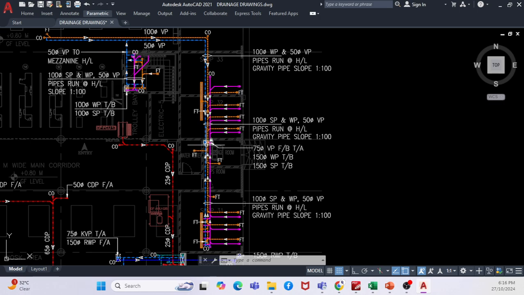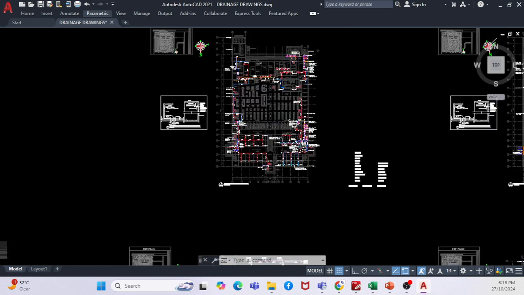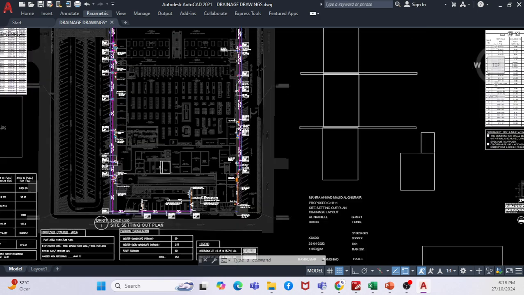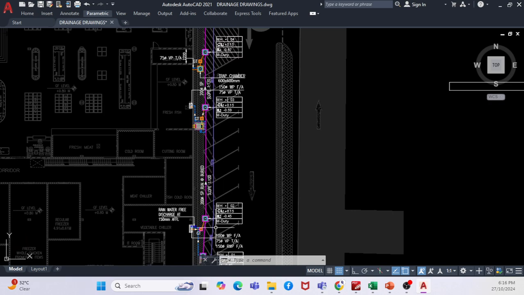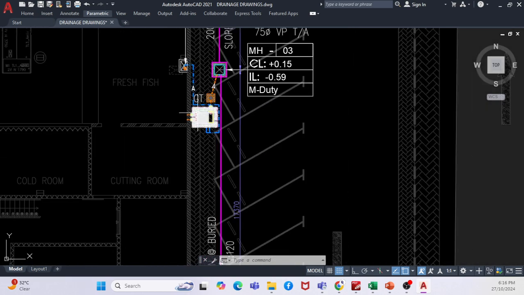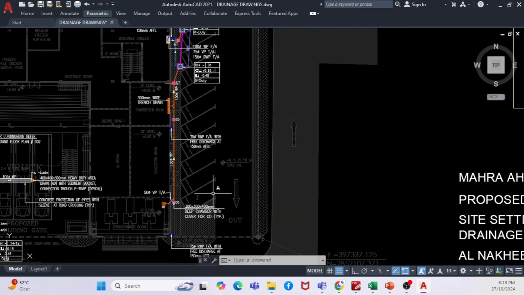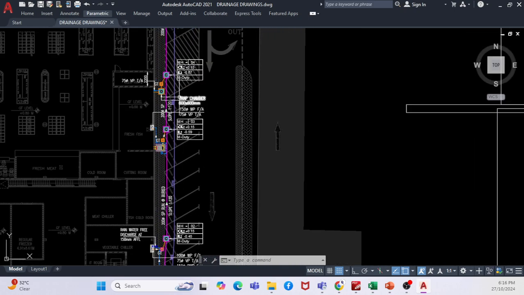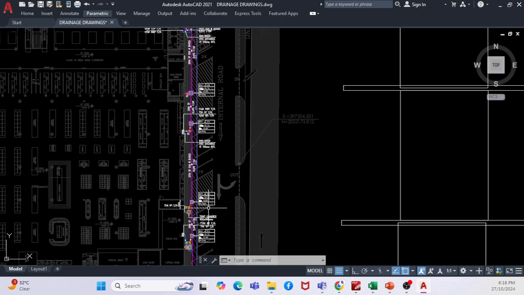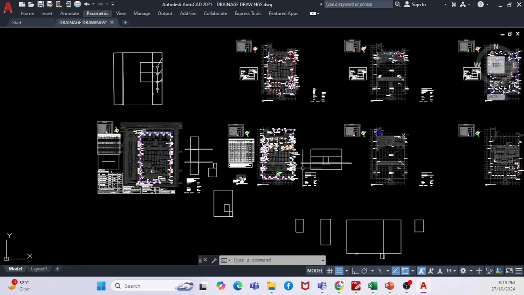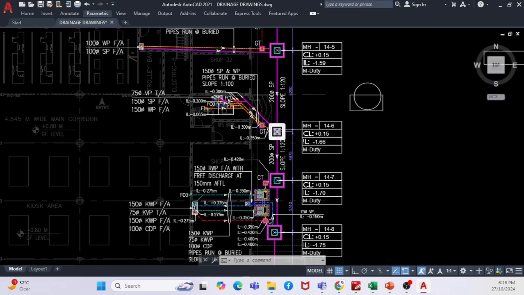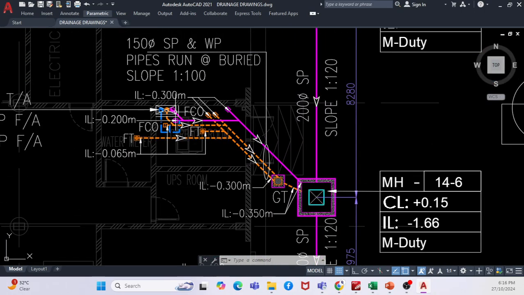Okay, so similarly, your riser pipe will go further down. Say, for example, if you go to another layout, here it is going further down. Assume that this is my riser, right? So this riser, what I will do, I will go directly to the nearest manhole on the ground floor.